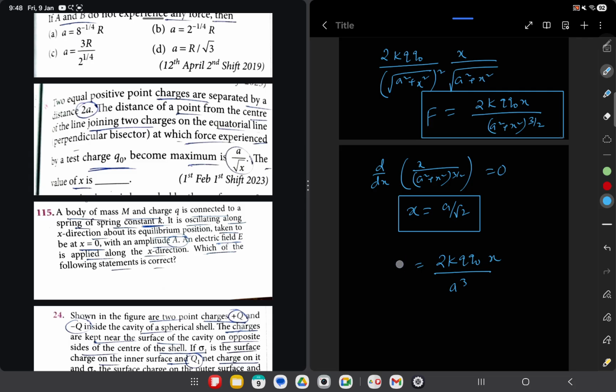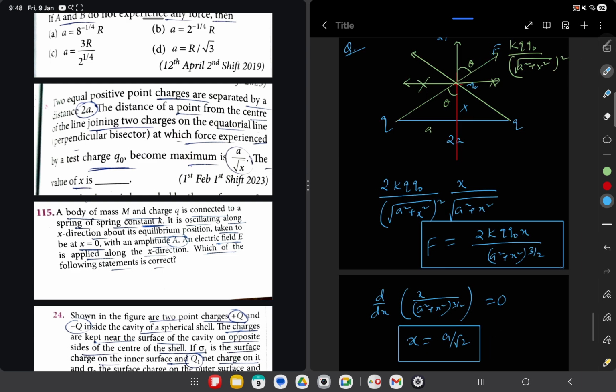So F is equal to m into a is equal to this much. A is acceleration. So you are clearly seeing that a is proportional to x. So in that case, it might have been asked to find out the omega. So omega will be how much? This one will be your omega, and the time period you can get from there.